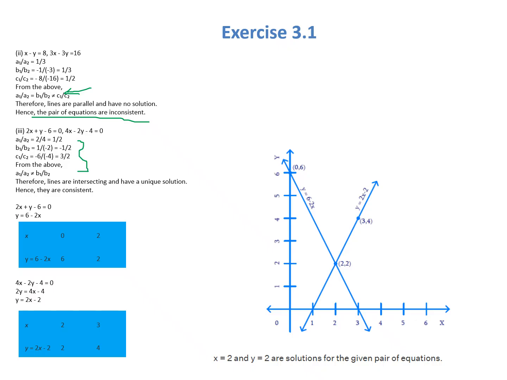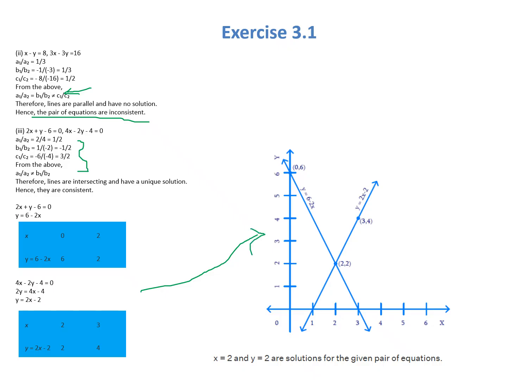So we'll again do some trial and error, but as I mentioned earlier as well, it's always better to take x as 0 and get the value of y, and y as 0 and get the value of x. And likewise for the second equation, I'll put the value of x as 0 and get the value of y, and put the value of y equal to 0 to get the value of x. But again, I'm reiterating the same point that we have to draw the graph very meticulously.